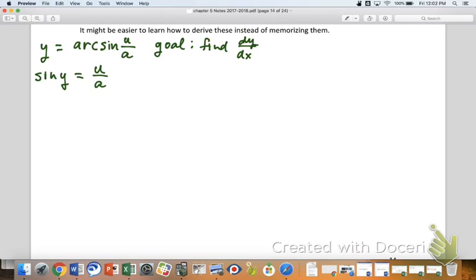To go from step 1 to step 2, I did the sine of the left side, and I did the sine of the right side. How does the sine interact with the arcsine? Cancel out completely, right? So that's why on the right side there's no sines or anything. It's just u over a. And on the left side, I've got sine of y. Is that good? Okay. So we just rewrote this.